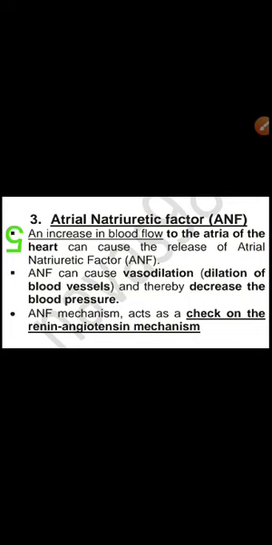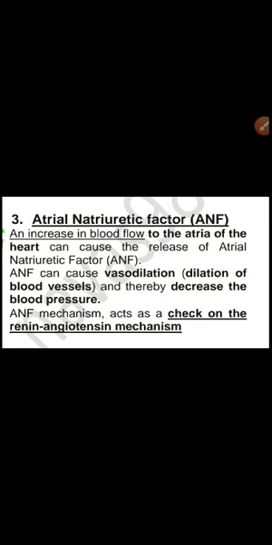That means when the BP is high, to control it, ANF is secreted, and ANF is a vasodilator, which helps in the relaxation of blood vessels. So ANF dilates the blood vessels and decreases blood pressure.